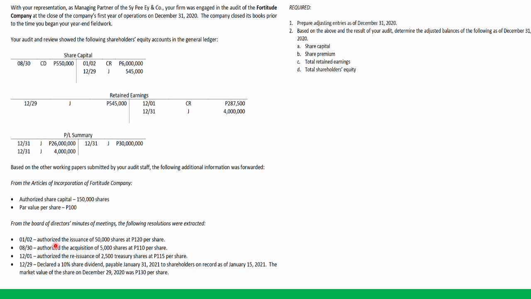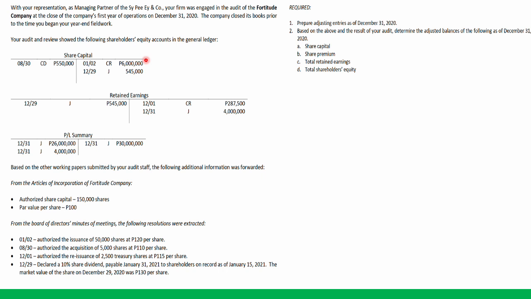Now, on the January 2 transaction, the company authorized the issuance of 50,000 shares at 120 pesos per share. So how much is that? 50,000 multiplied by 120 pesos per share. The total amount is 6 million pesos, right? And if you will notice, on the share capital account, on January 2, there was a credit of 6 million pesos.